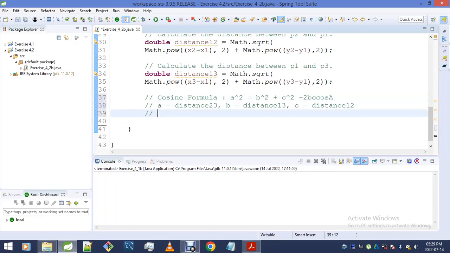We can make capital A the subject of the formula by doing arccos. Capital A is going to be equal to a squared, it's a squared minus b squared minus c squared.